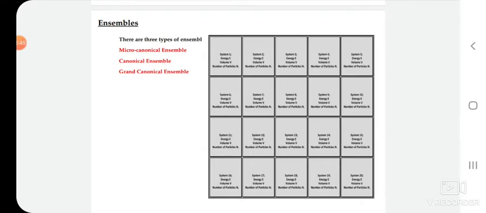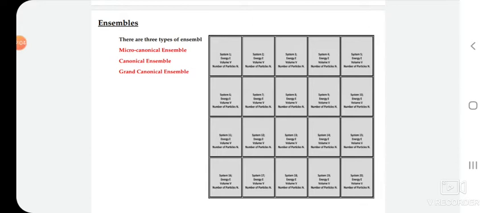So the ensemble can be defined as a collection of a number of macroscopically identical but essentially independent systems.